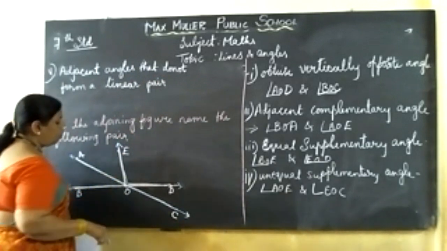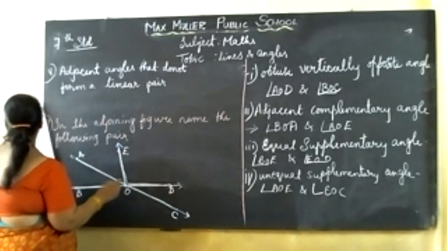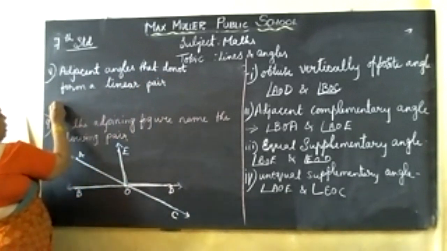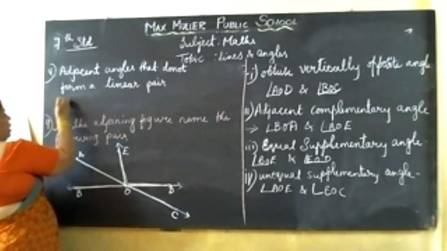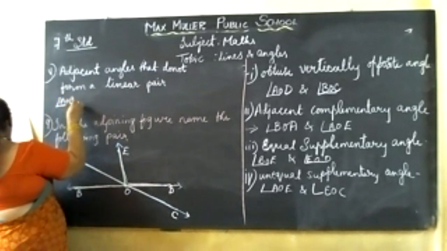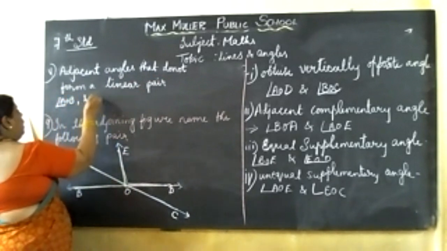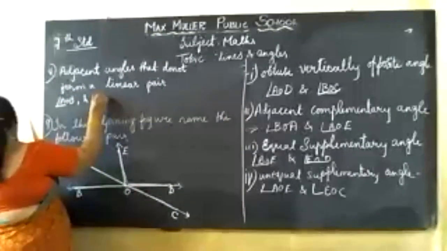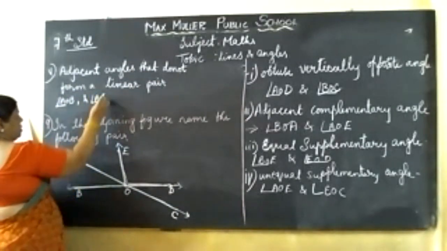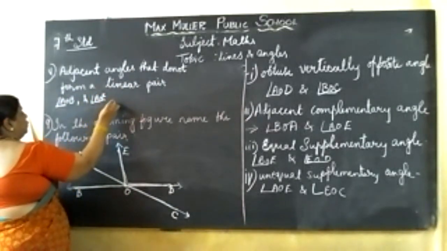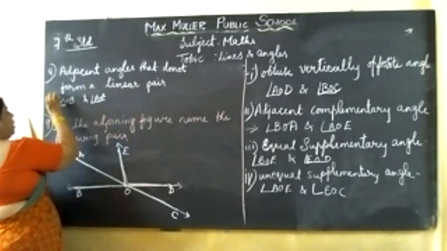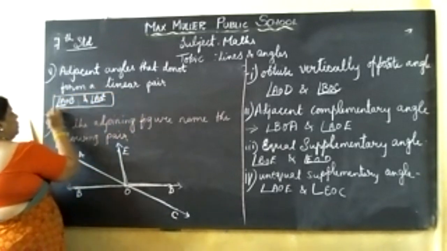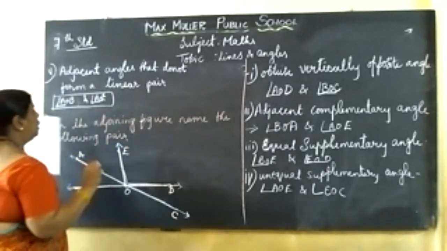That is angle AOB and angle AOE. That is one set. This comes under one set. This is not linear.